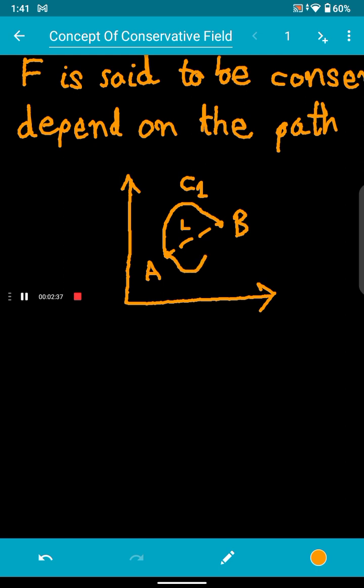We can follow some curve like this, let's say C2.